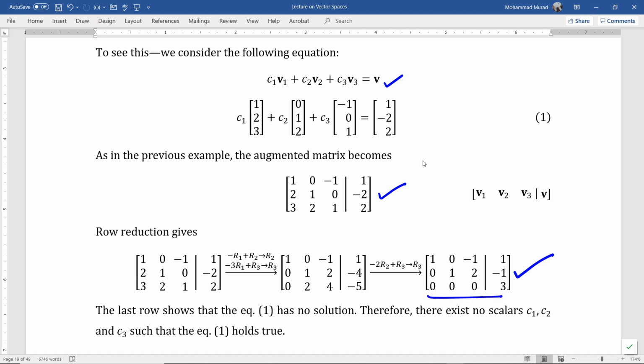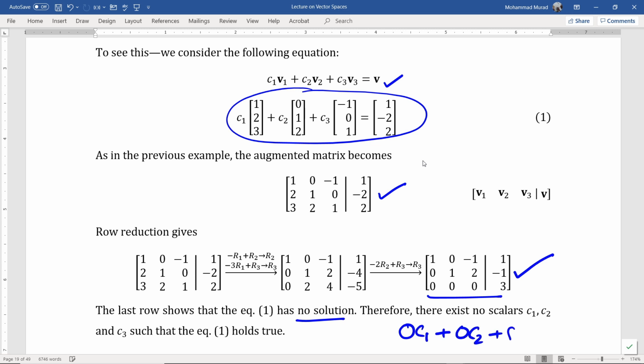The last row of this reduced row echelon form shows that the equation has no solution, since the last row stands for this equation, which is not true for any value of C sub 1, C sub 2, and C sub 3.